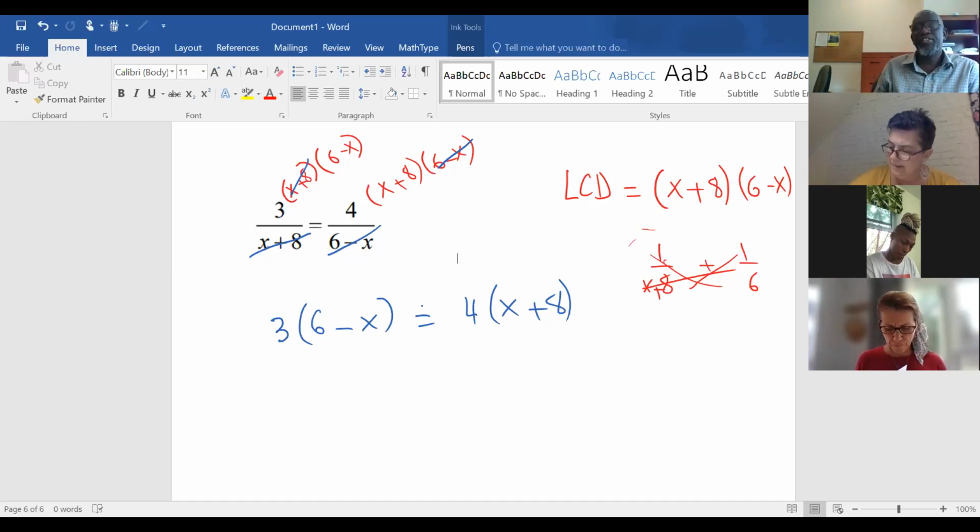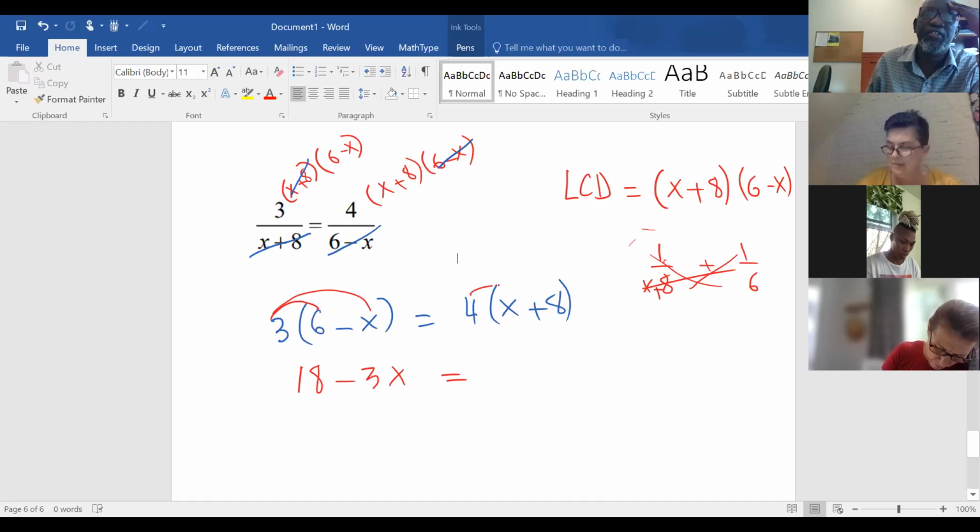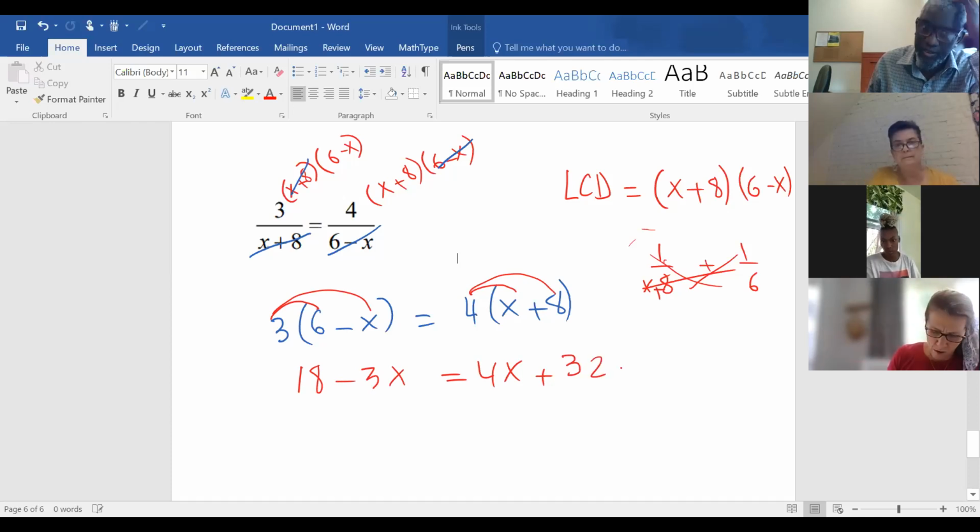All right, and then we solve this. We get 18 minus 3x is equal to 4x plus 32.